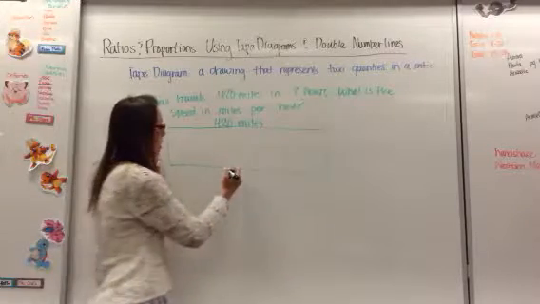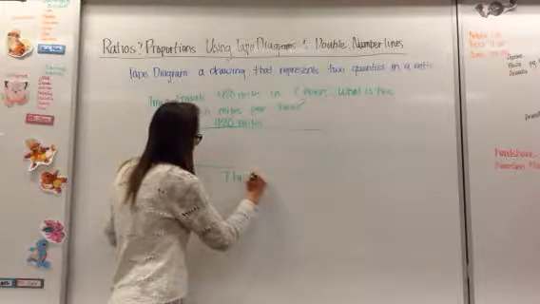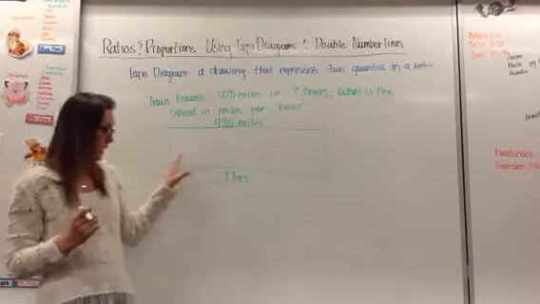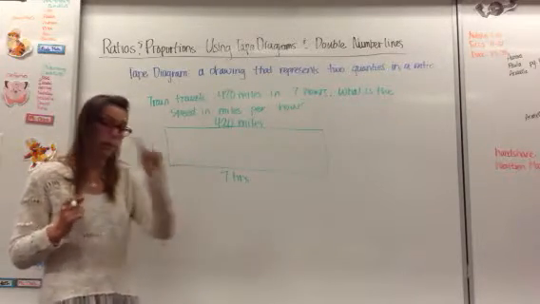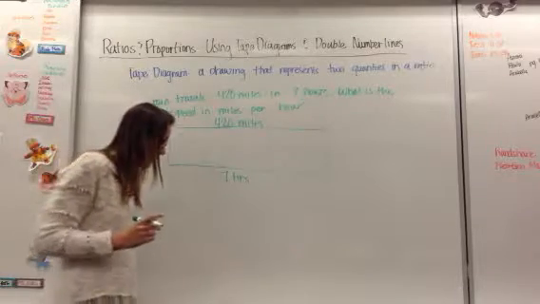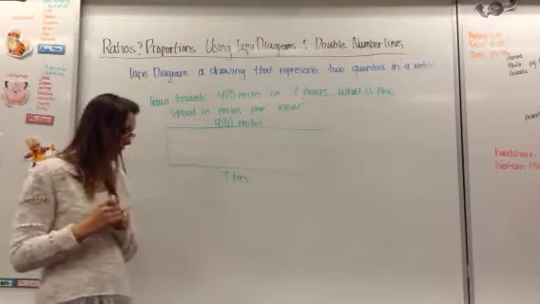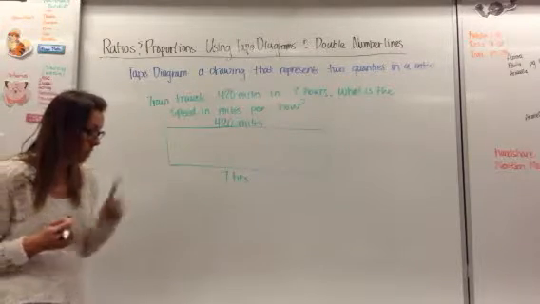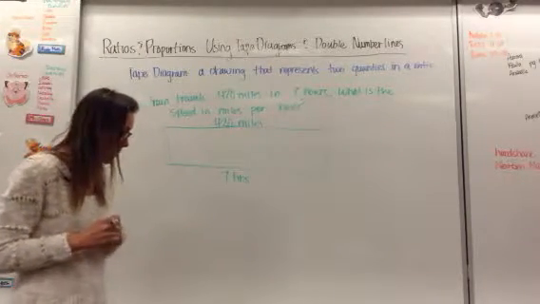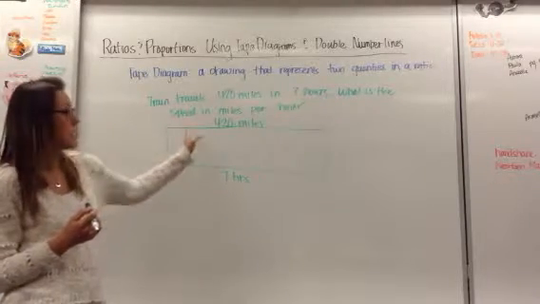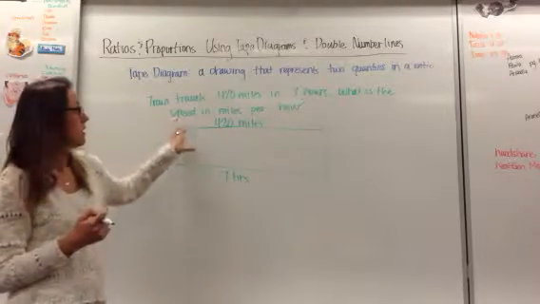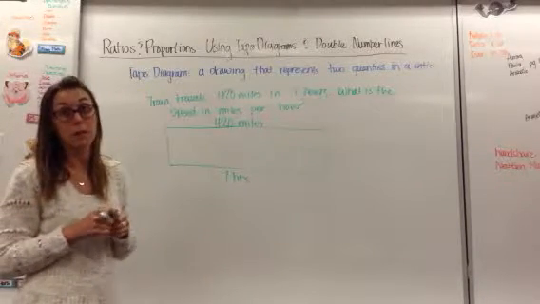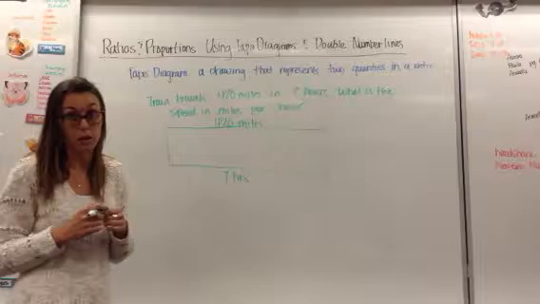And we have the total time, 7 hours. What we want to know is how many miles it travels in 1 hour. So how would you go about finding that? You should be able to see that if you divide the strip by 7, you could figure out how many miles per hour it is.